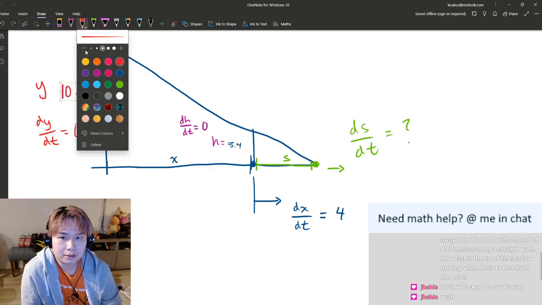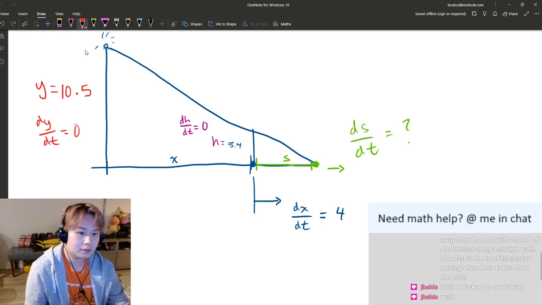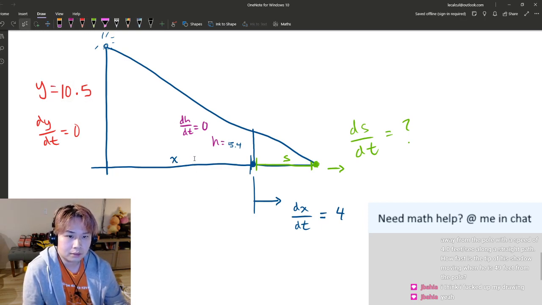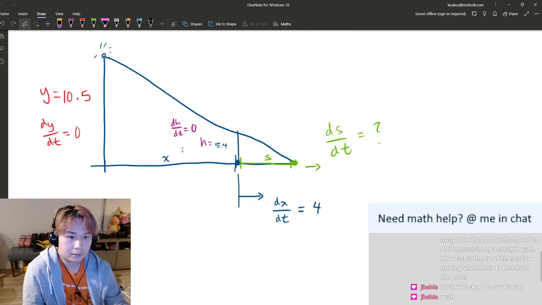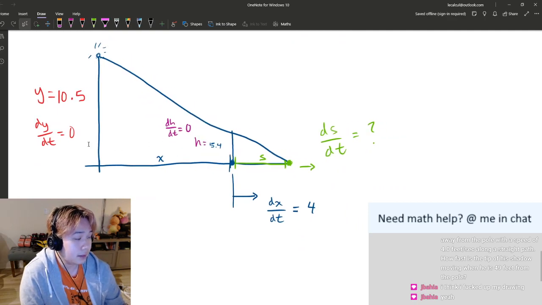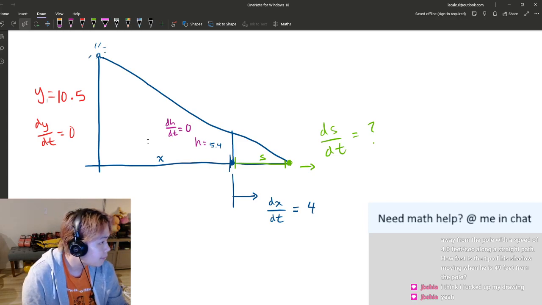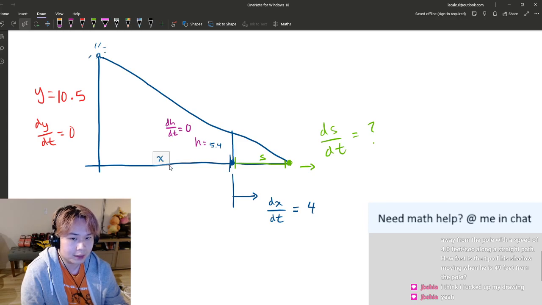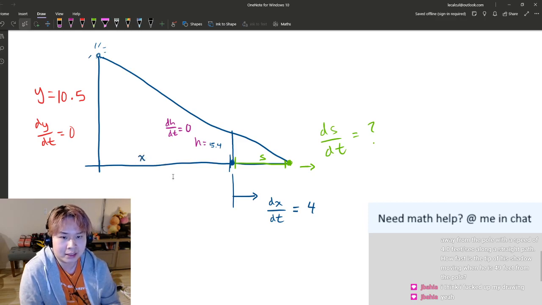So now this is our setup. And then how fast is the tip of the shadow moving when he's 45 feet from the pole? Okay, so we also know x is 45 feet.